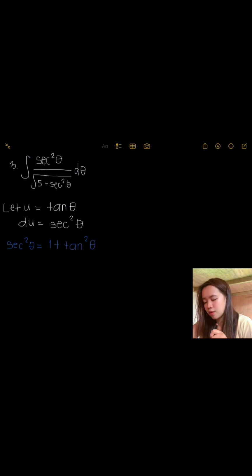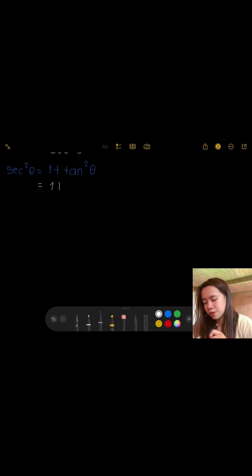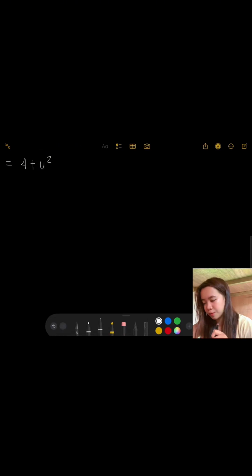So this will become 1 plus u squared, since our u is tangent. So our 5 minus secant squared theta will also become 5 minus 1 plus u squared. So simplifying, this will become 4 plus u squared.